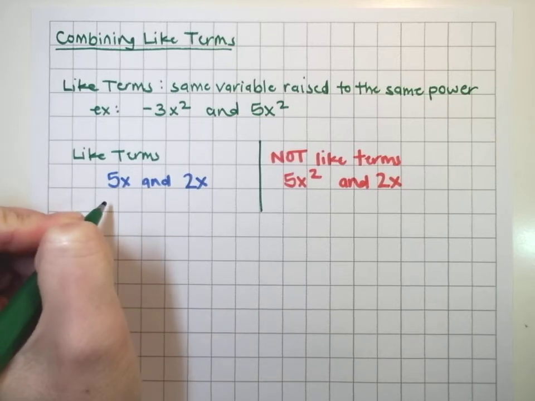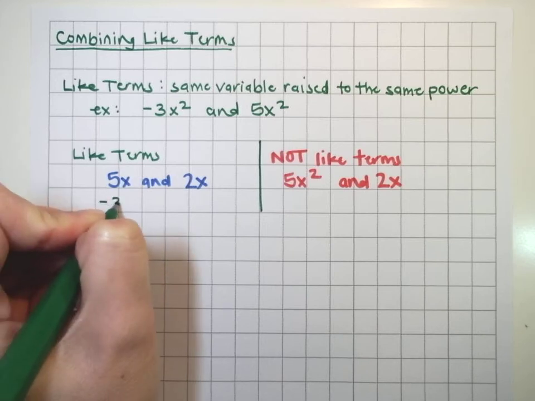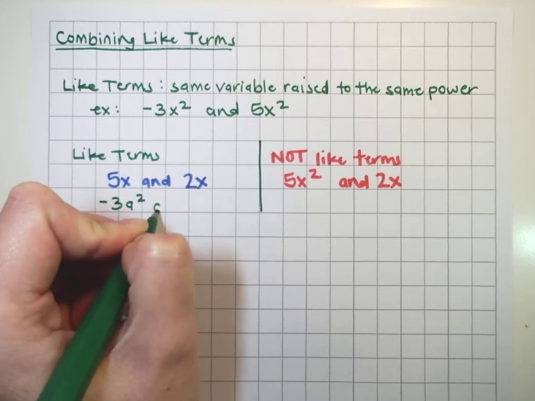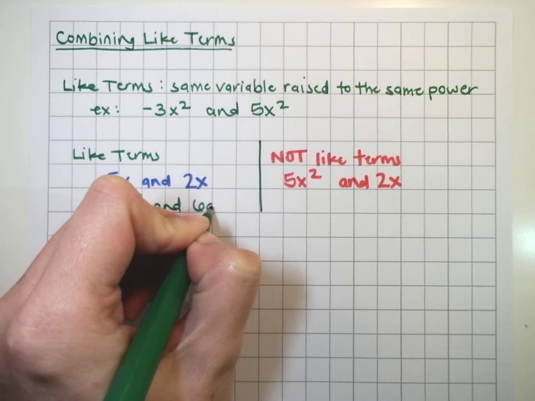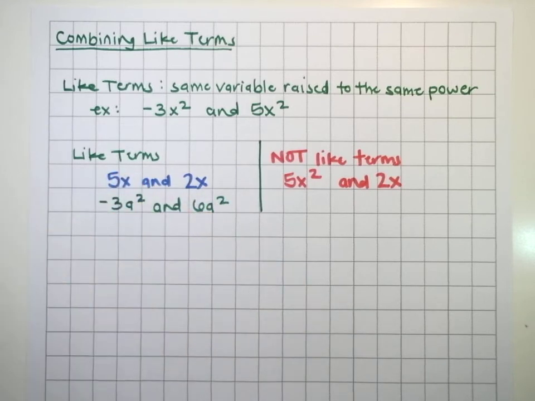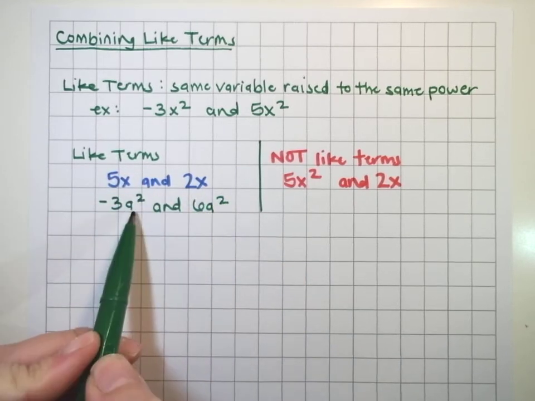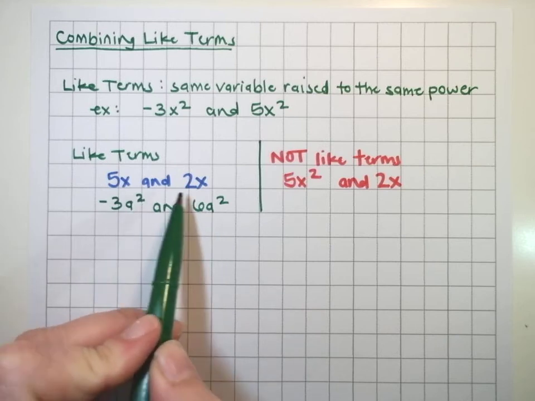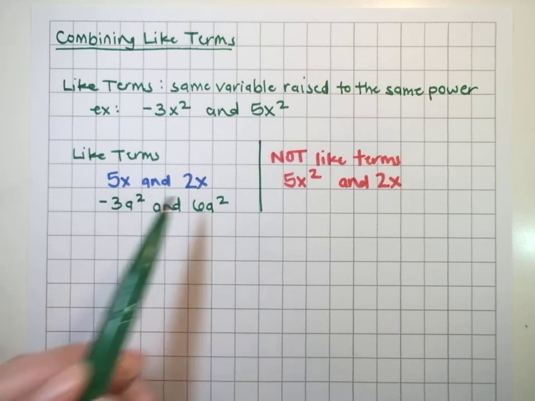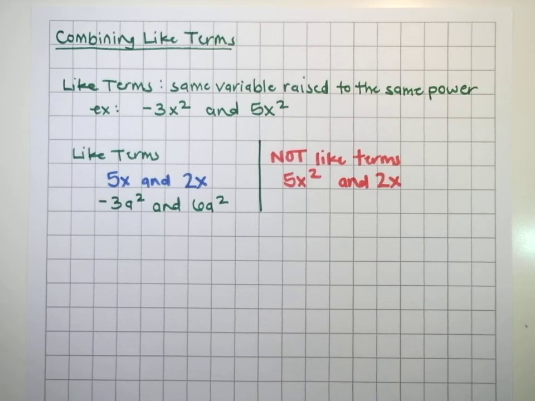And another example, negative 3a squared and 6a squared. Again, we're only concerned with the variable and the power. So both of them have the same variable of a raised to the same power, the same exponent, which is 2. So those are like terms.